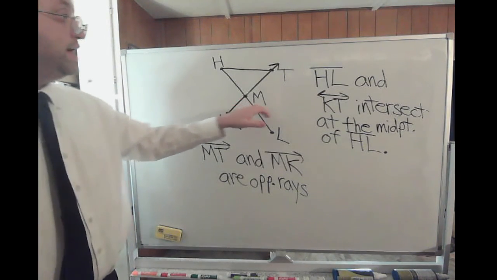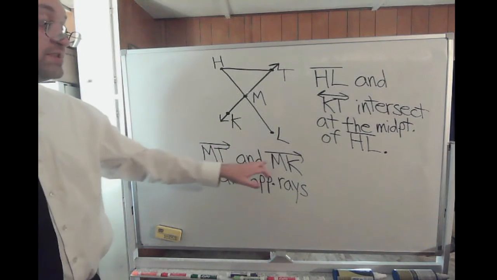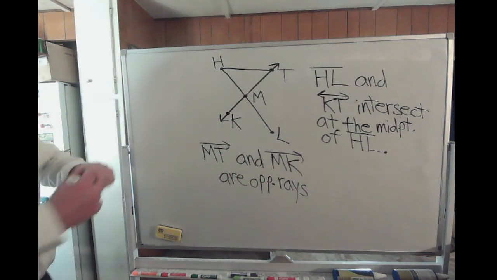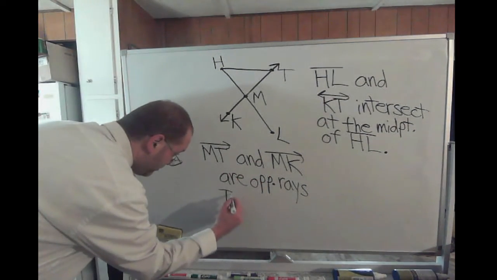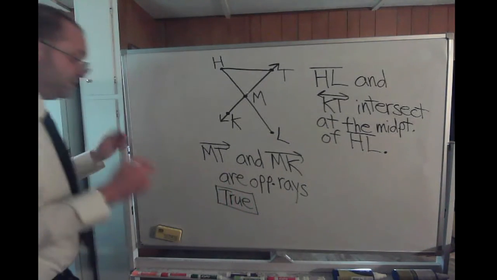So we have ray MT, then we have ray MK. They both have the same starting point, but they're going in opposite directions. Yes, this is true. Those are opposite rays.